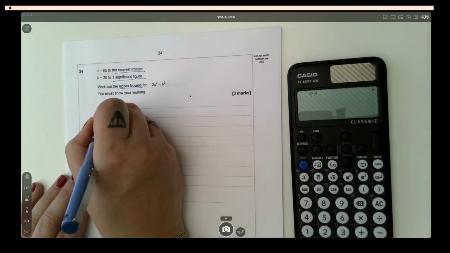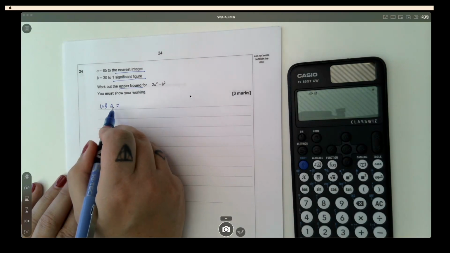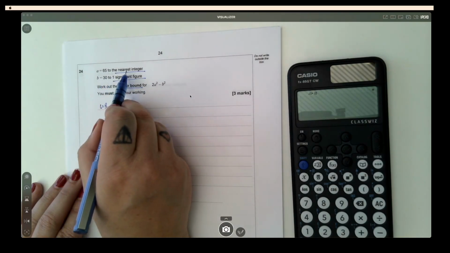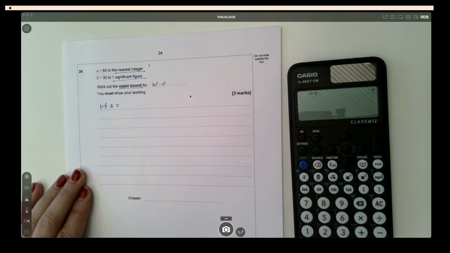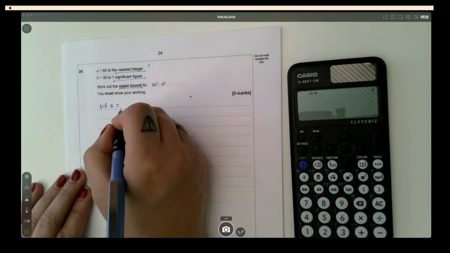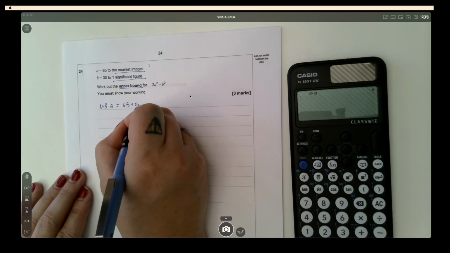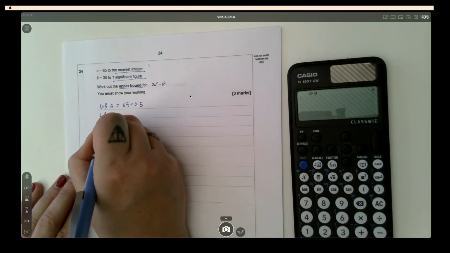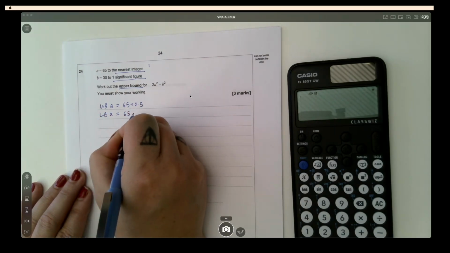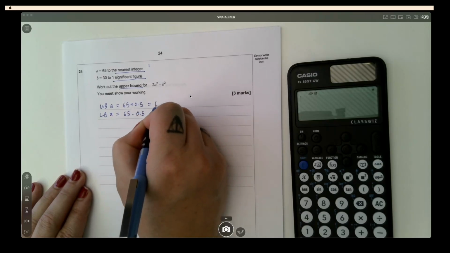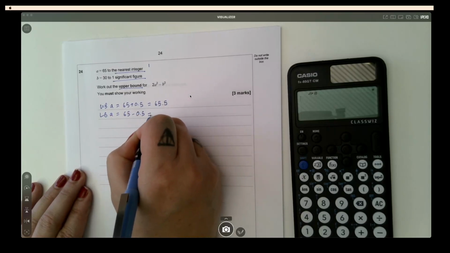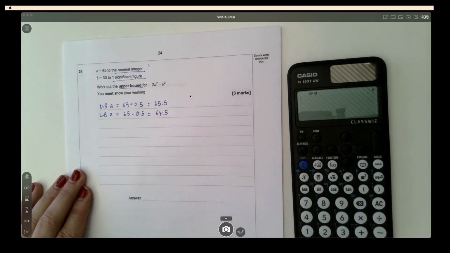So let's start with a. So the upper bound of a. If we're rounding to the nearest integer, we're rounding to the nearest 1. Half of 1 is 0.5, so the upper bound would be 65 plus 0.5, and the lower bound would be 65 subtract 0.5. So we have 65.5 and 64.5.